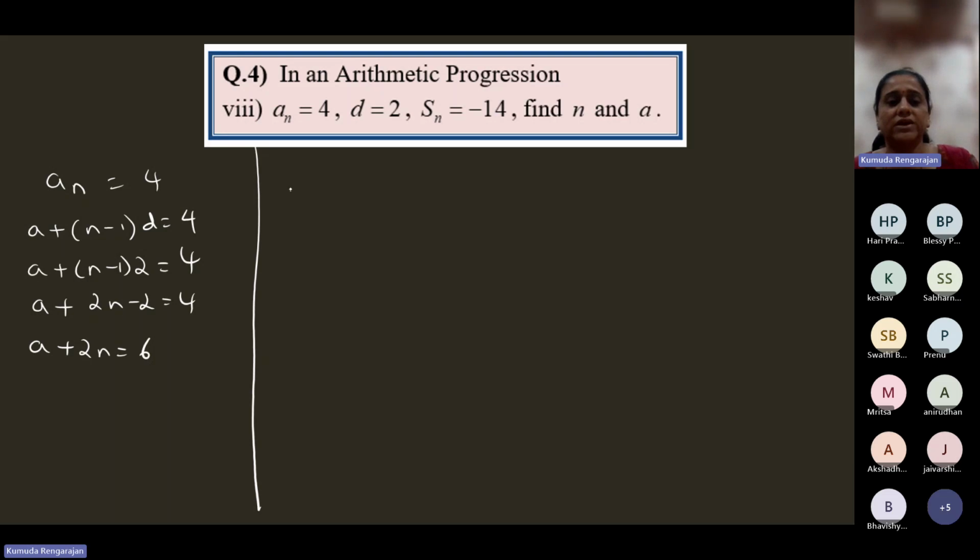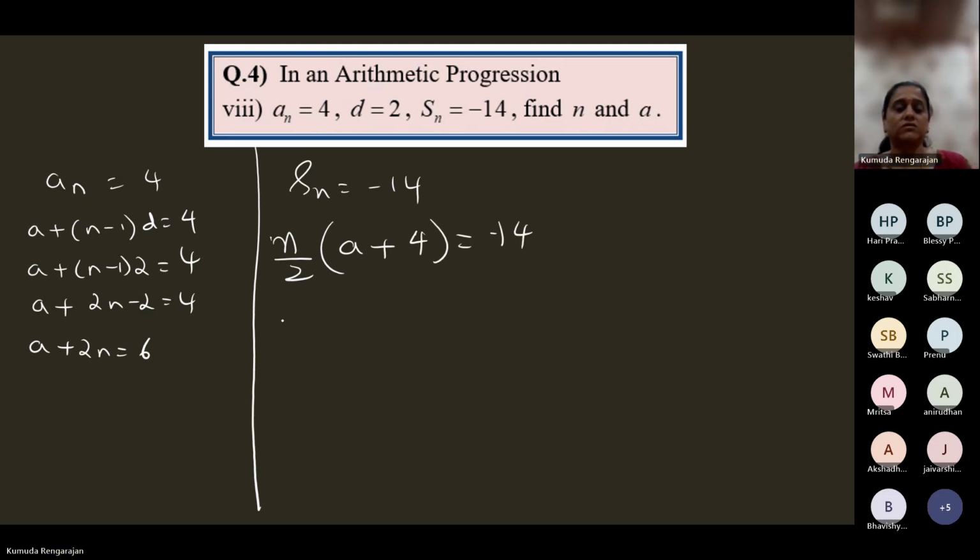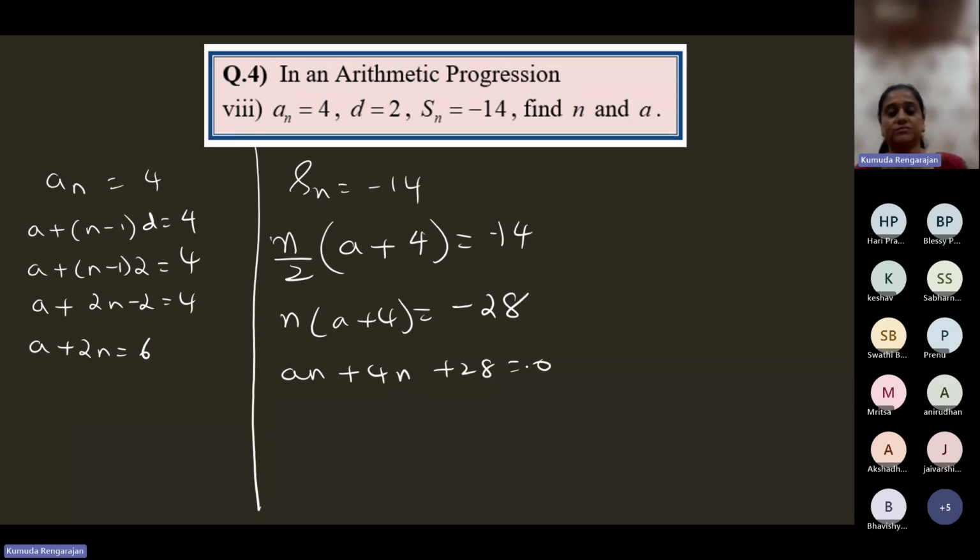So we stop there. Now we take the next one. Sn is equal to minus 14, and since we know an, we'll use this formula: n by 2, n we don't know, of the first term, that also we don't know, plus the last term an, that is 4, is equal to minus 14. So n into (a plus 4) is equal to, cross multiplying, minus 28. When you open the bracket, you get an plus 4n plus 28 is equal to 0.